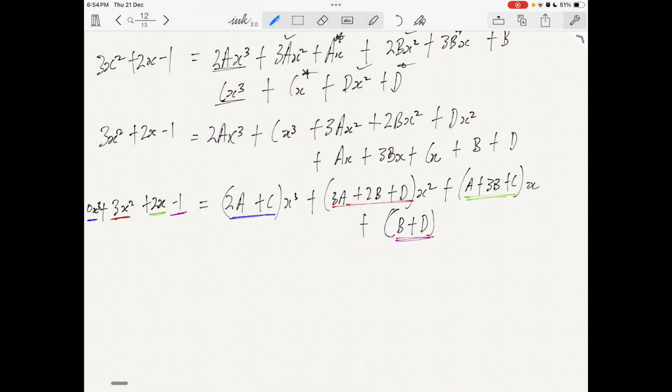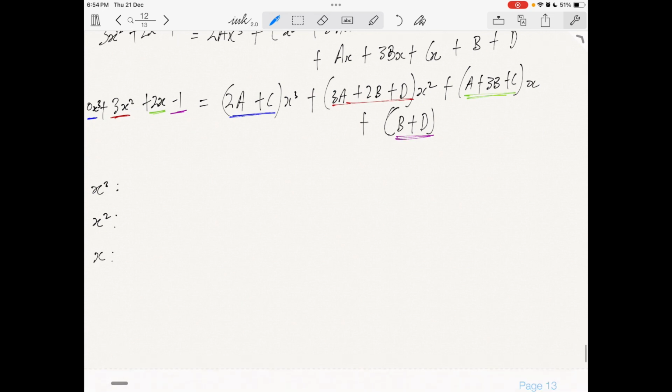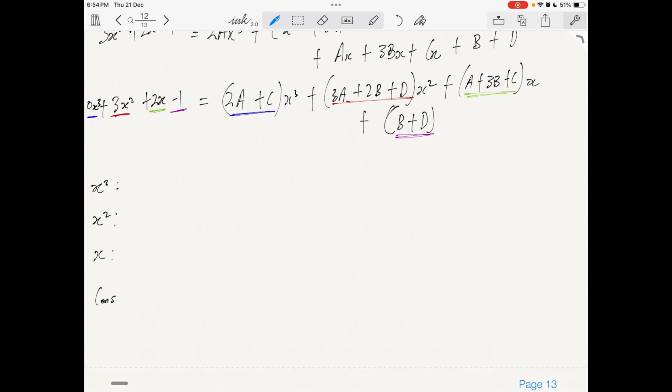So let's follow the blue color. Compare coefficients for x raised to power 3, for x squared, for x, and for the constants. For x raised to power 3, we have 2a plus c is equal to 0.